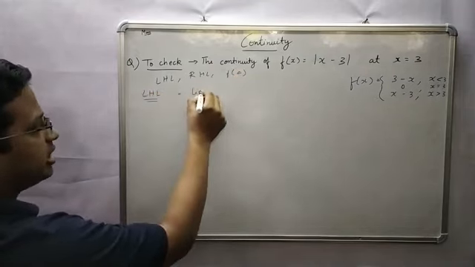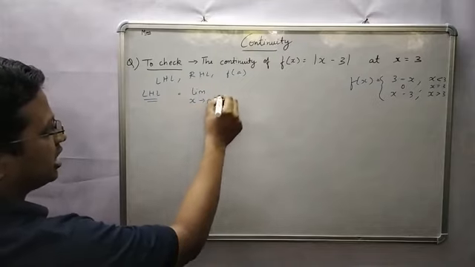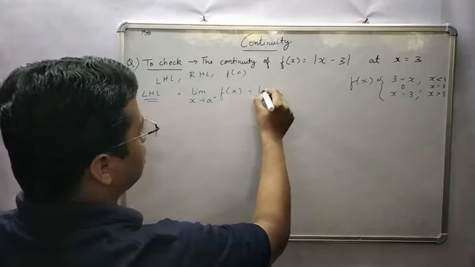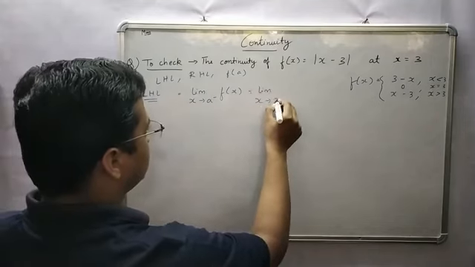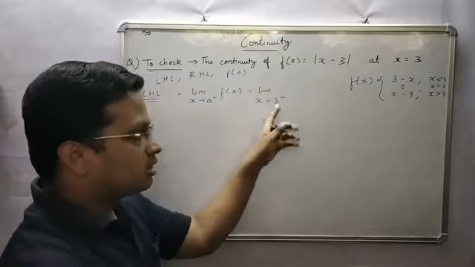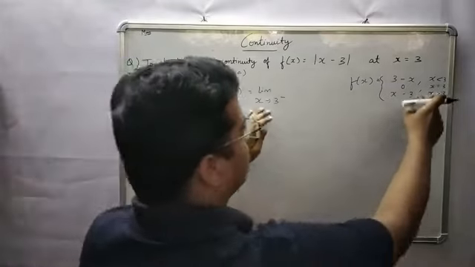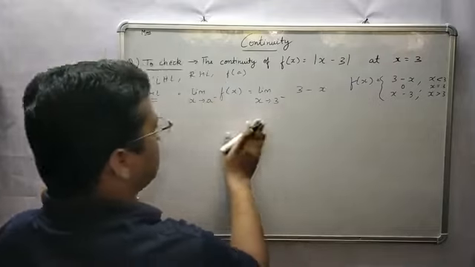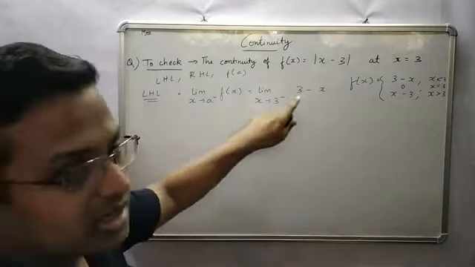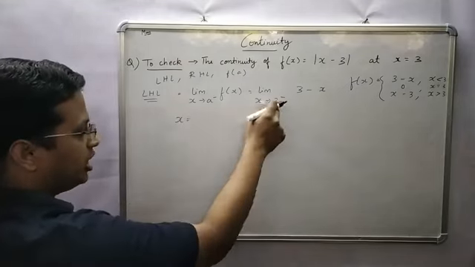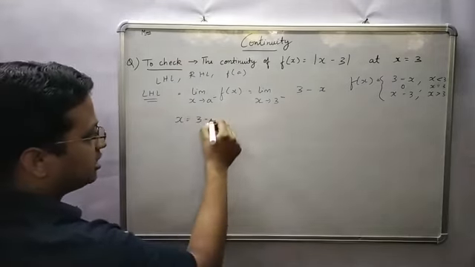LHL is limit x tends to a minus f of x. Here a is 3. So limit x tends to 3 minus, and 3 minus means left of 3, that is x is less than 3. So we have to use 3 minus x. Now while solving LHL, we substitute x is equal to point minus h, that is 3 minus h.